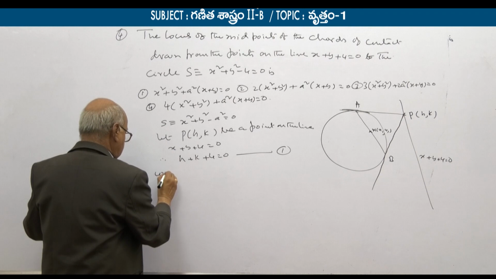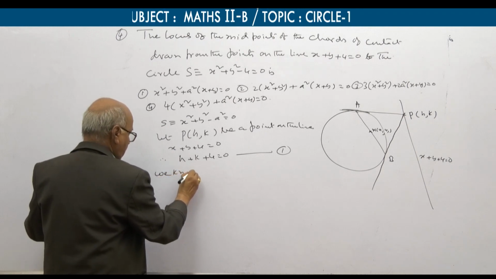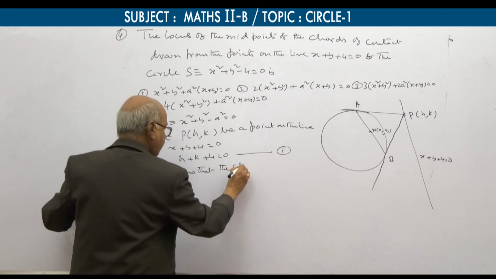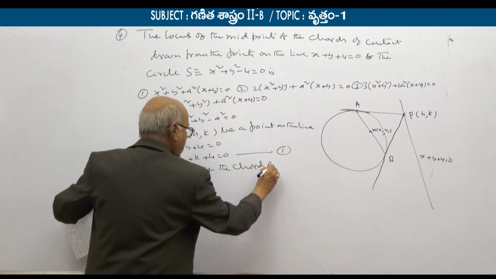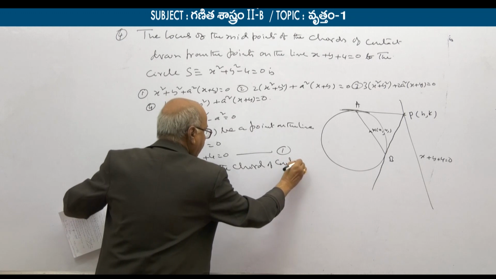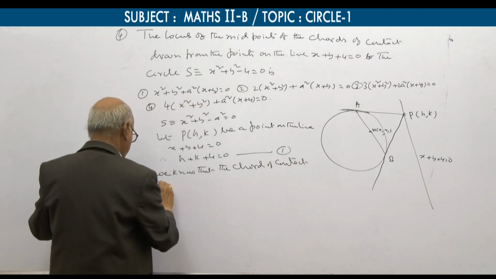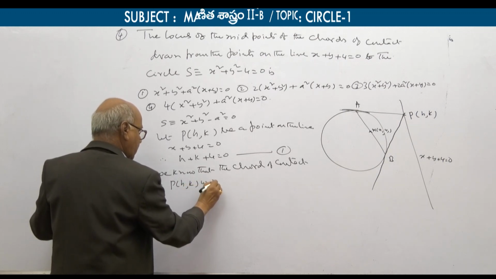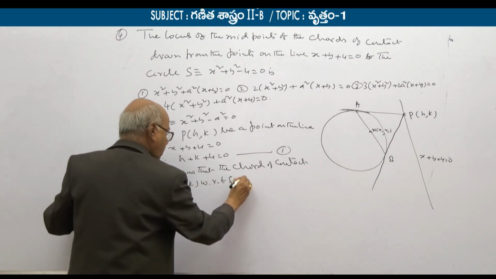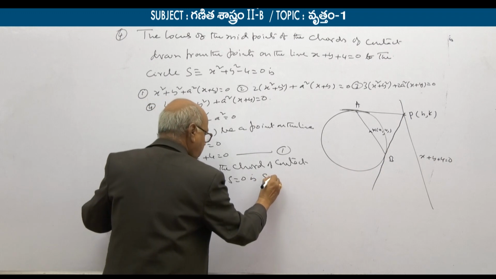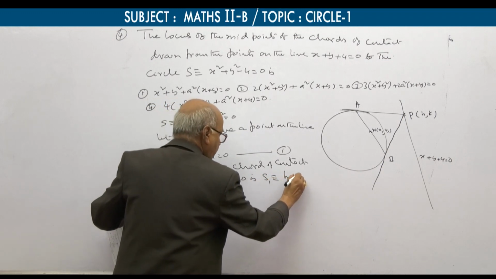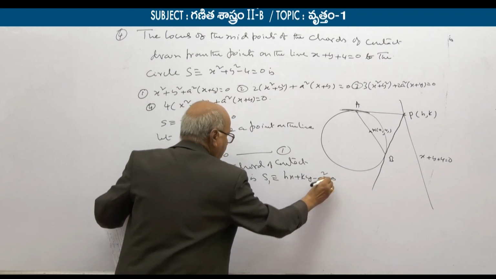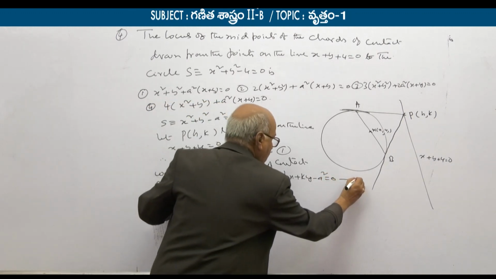Now, we know that the chord of contact of P h, k with respect to S is equal to 0 is S1, means h x plus k y minus a square is equal to 0. So, this is number 2.